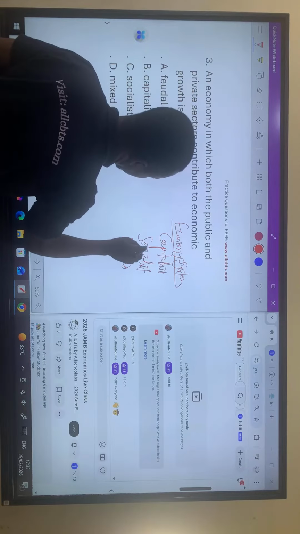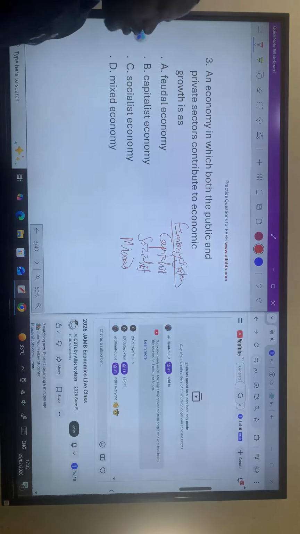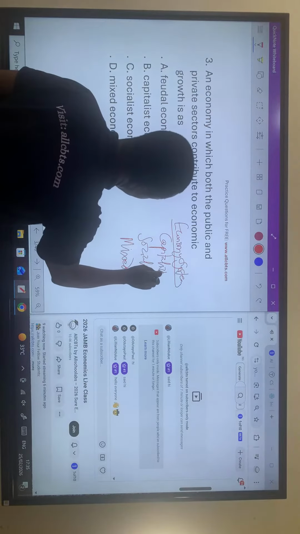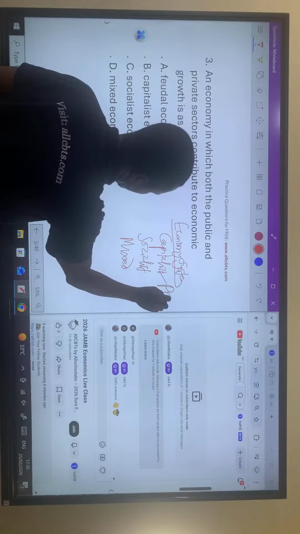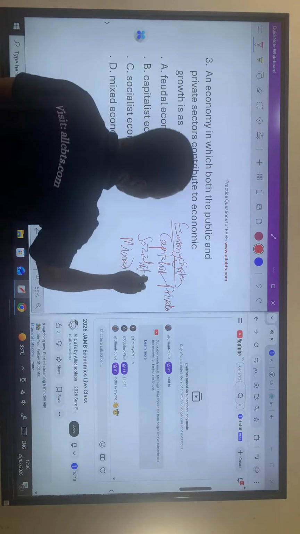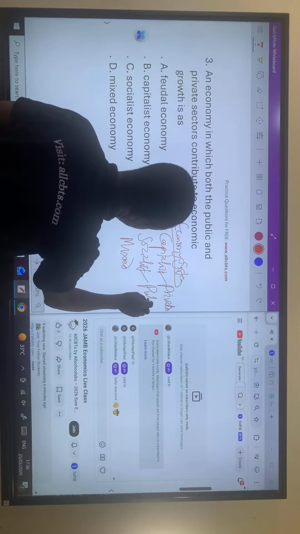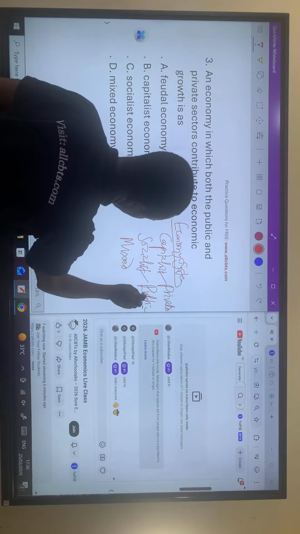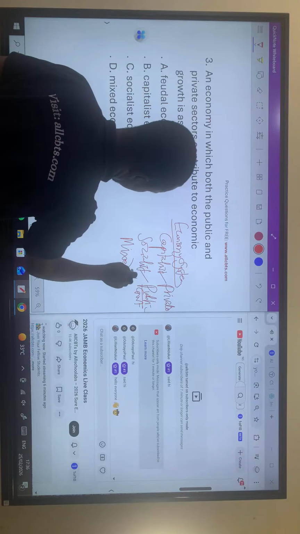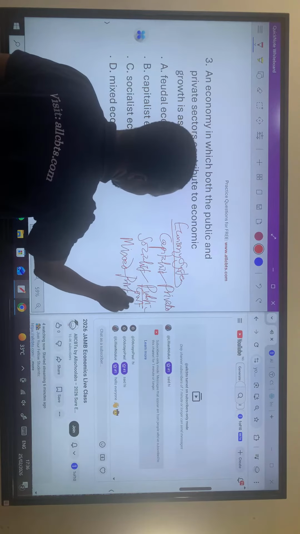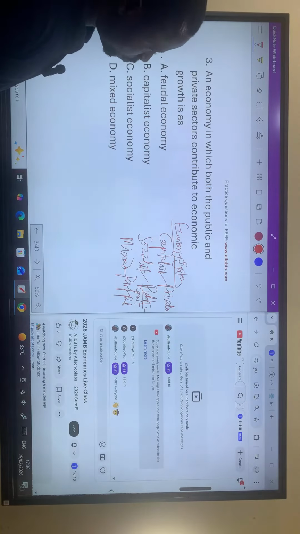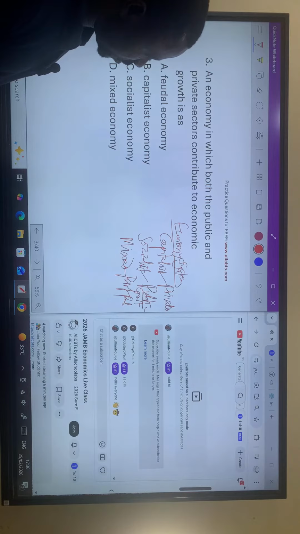It's important to have this understanding because so many questions relate to this. Are you with me? Very well. When we say capitalist, it's talking about private ownership of the means of production, distribution, and exchange of goods and services. When we say socialist, it's talking about public, that is the government. And when we say mixed, it's talking about both private and public, both of them combined, controlling the means of production, distribution, exchange of goods and services.